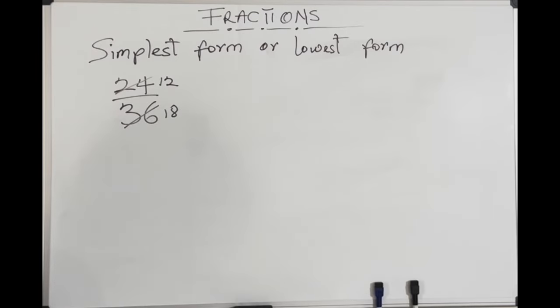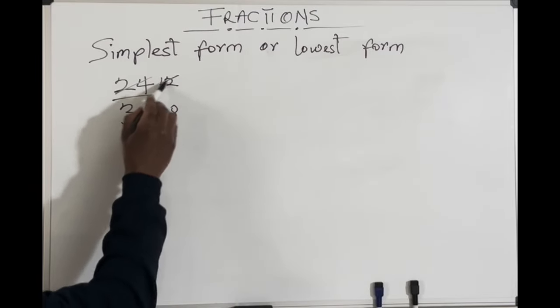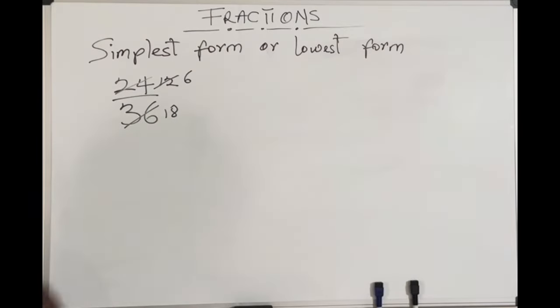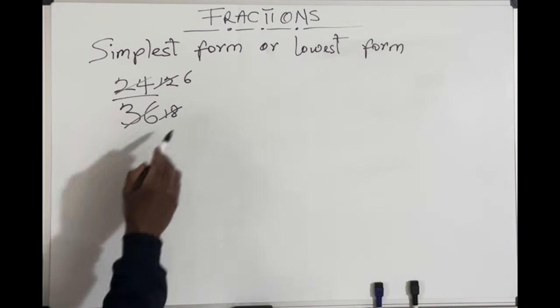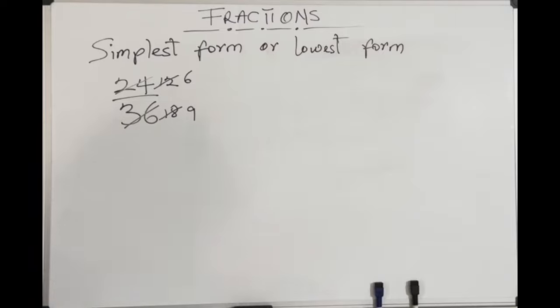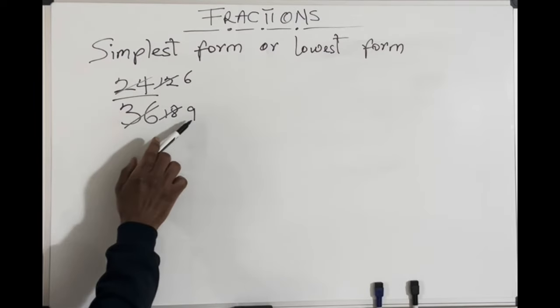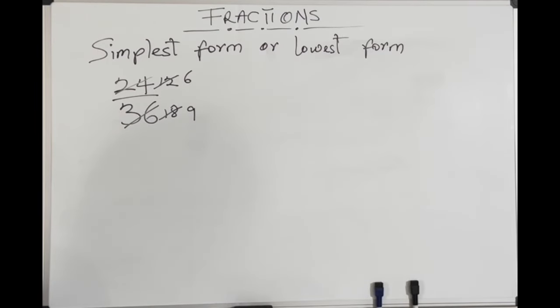But the same number 2. 2 goes into 12 how many times? 6. 2 goes into 18 how many times? 9. We can still go on. And this time around we can't use 2 because 2 can go through 6, but it can't go through 9. So let's try 3. Yeah, 3 can do it.